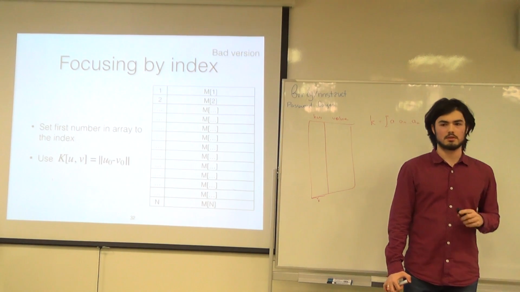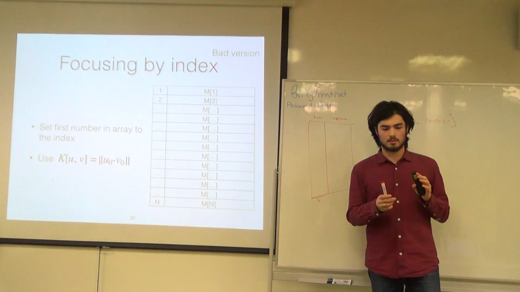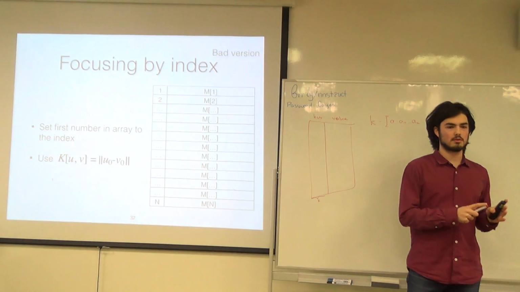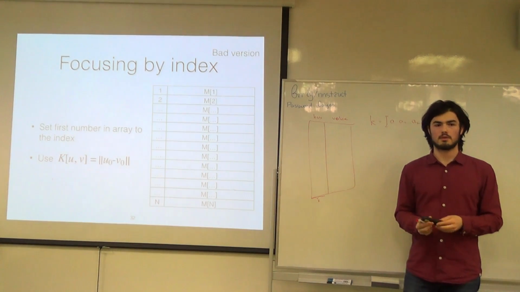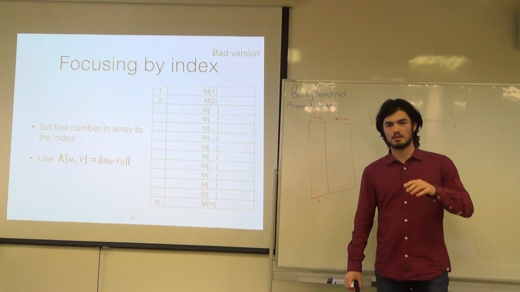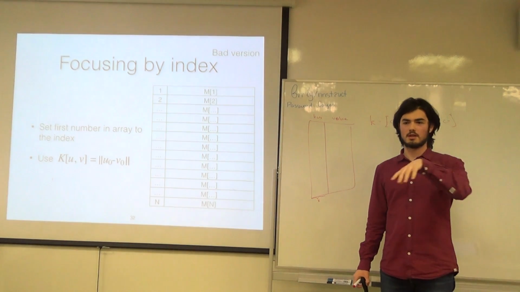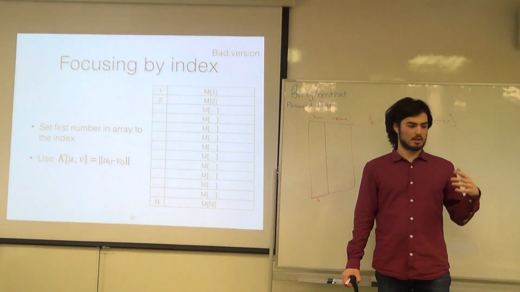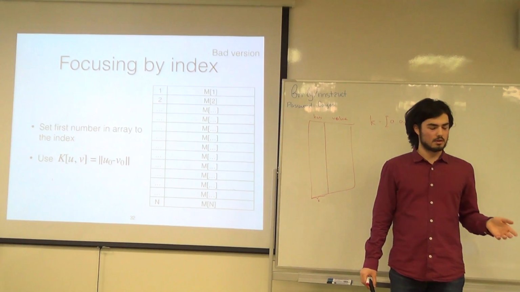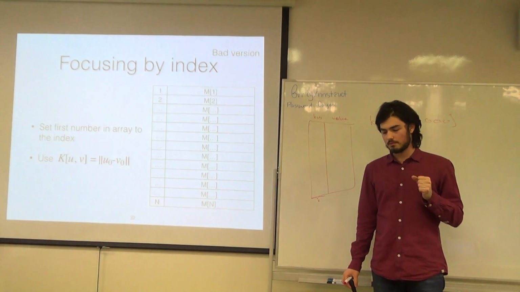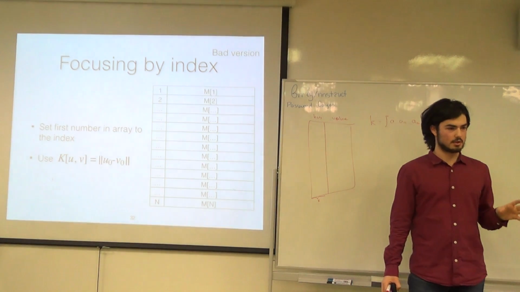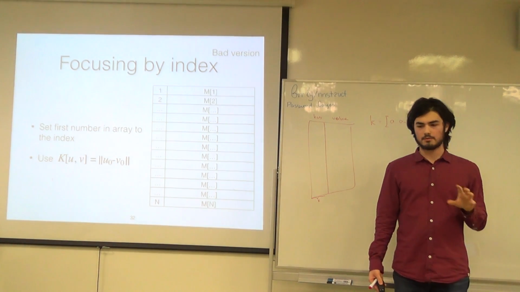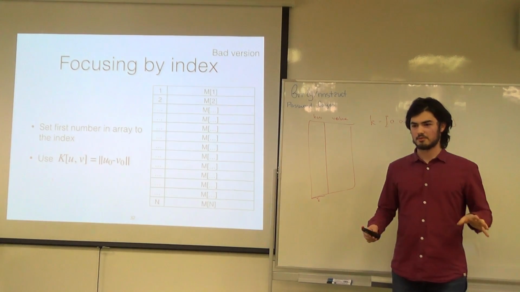is focusing by index. With focusing by content, we are not able to do some things like iteration. For example, you usually write cycles like loops, like for i in range, and so on, and it is not possible with content. To fix this problem, they proposed a really cool algorithm, but for the beginning let's consider the bad version of it.